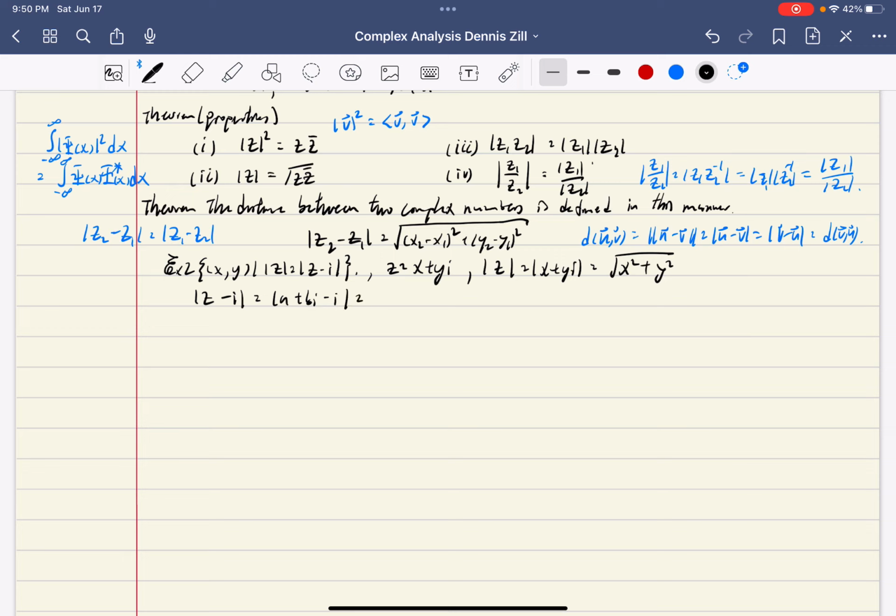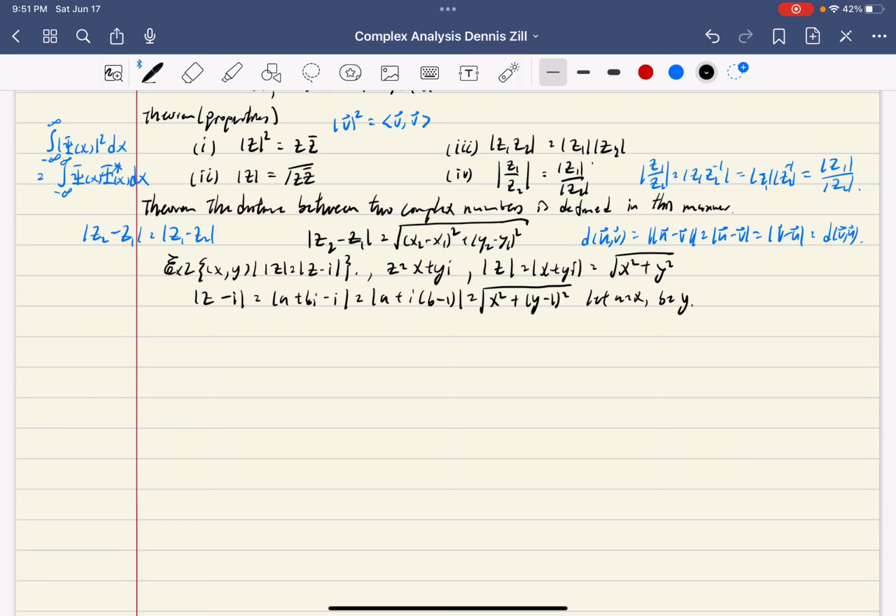If we group the like terms, that is factor in i, that is minus 1. So that gives us x squared plus, y minus 1 squared. Let a equal x, b equal y, sorry.